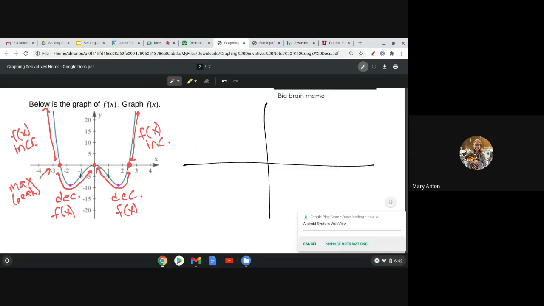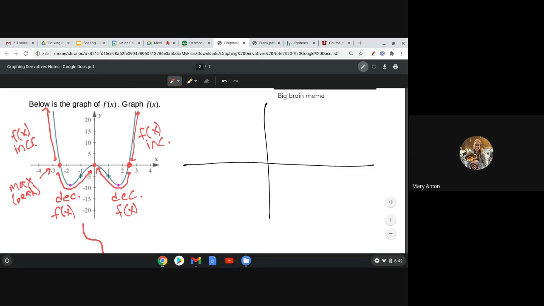Okay, and then our function's decreasing, we hit a slope of 0, and then we're back to decreasing. So if you think about this, this is not a peak nor a valley. This is something different. This will look something like this. We're decreasing, and then we hit a slope of 0, and then we continue decreasing. So this is what we call an inflection point.